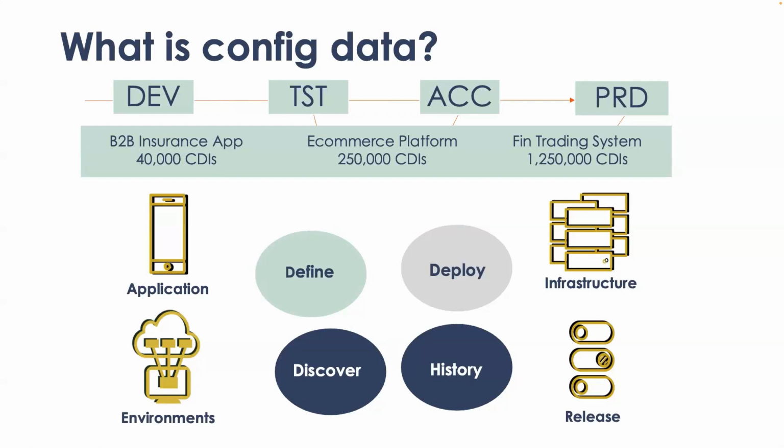So that's a CDI. Other applications might have hundreds of thousands. And as applications become more complex and involve multiple environments with multiple application services and different ways of provisioning them in different geographies and so on, you could have millions of config settings. So how do we keep track of it all?